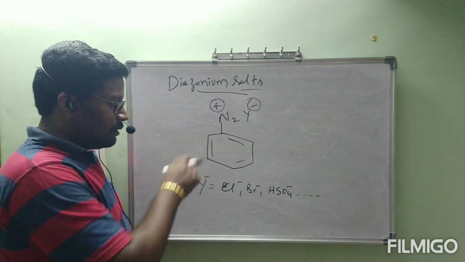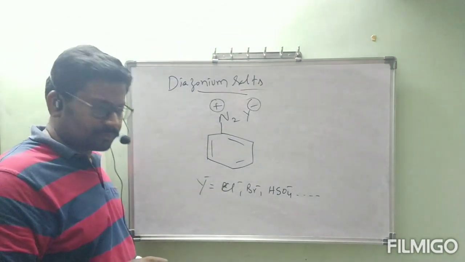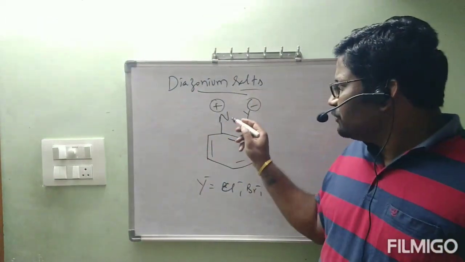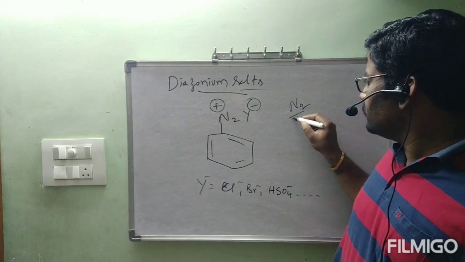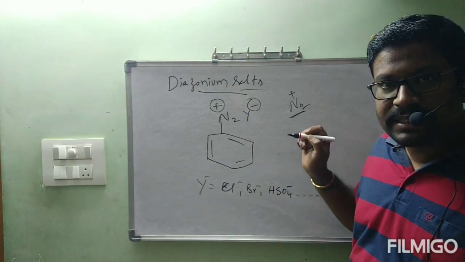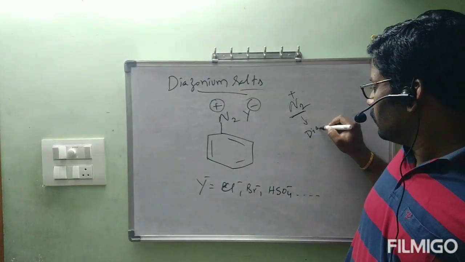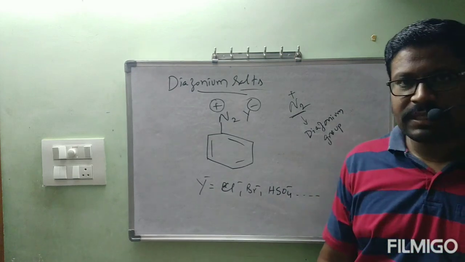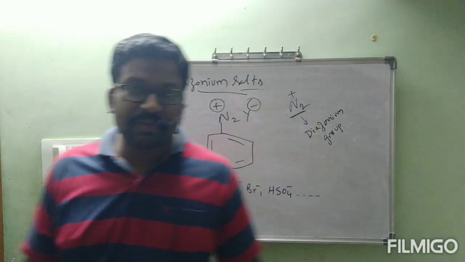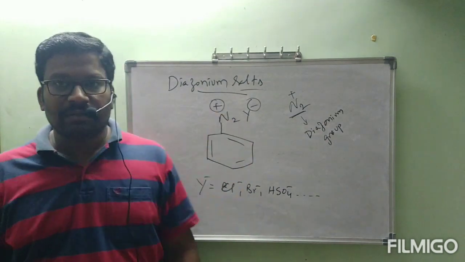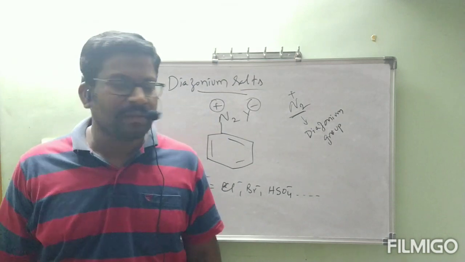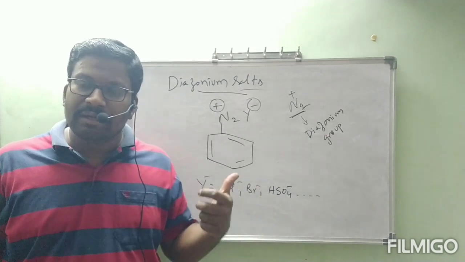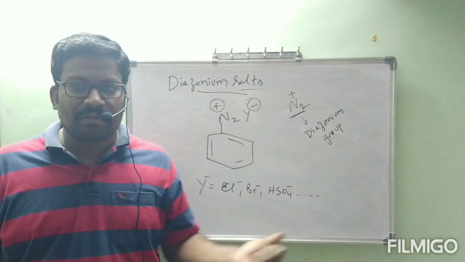Now, how is this diazonium salt stable, and what is its preparation? This N2+ group is called the diazonium group. The substances containing this diazonium group come under diazonium salts. Next we have to see in what way these salts are stable, how they are prepared, and what their chemical properties are.